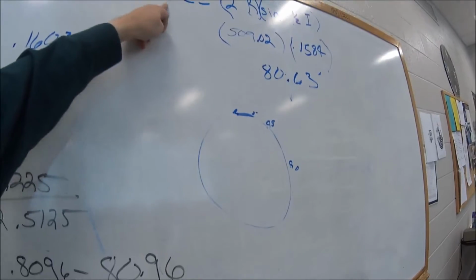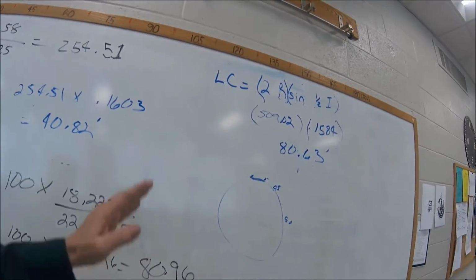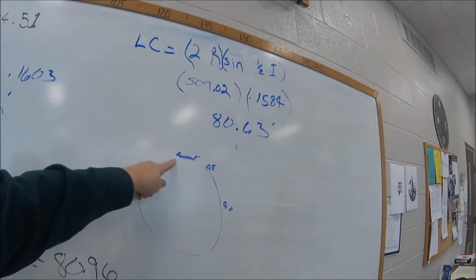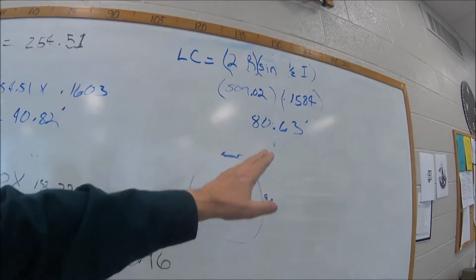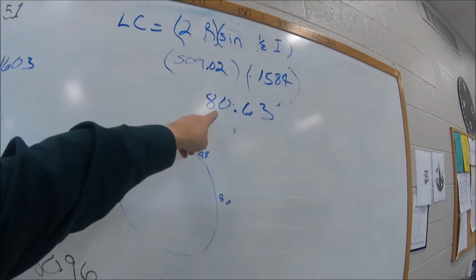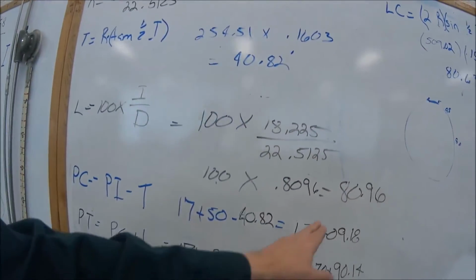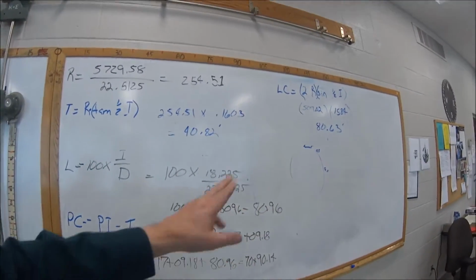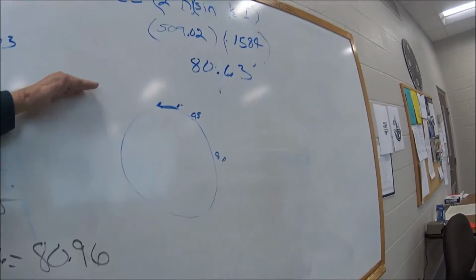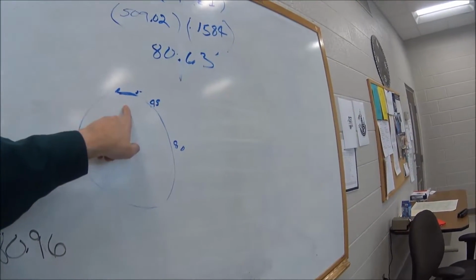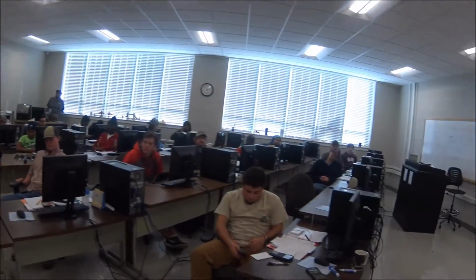This LC, which is the long chord, is a shortcut. It's a straight line between here and here. Okay, they're almost the same, but this LC should always be shorter. Now it's not much shorter, like looking at 0.63 and 0.96, but that is such a flat curve that that's the way it turned out. So that's the way to kind of look at this and start thinking about it.